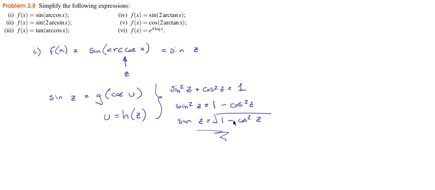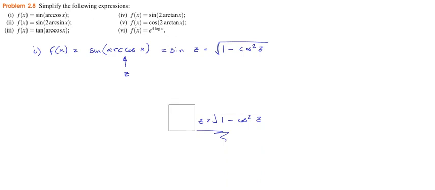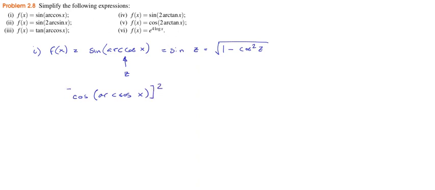So now we can use this and write this as the square root of 1 minus the cosine squared of z. Now write z as the arc cosine: this is the cosine of the arc cosine of x, squared.